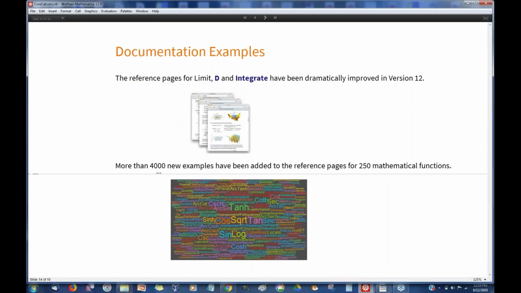So now you have a kind of encyclopedia of special functions built into your copy of version 12. If you upgrade, you simply get the best possible collection of special function examples in the world, basically. So that's a kind of collage, a word cloud of all those 250 functions. So we've tried our very best to make the documentation as useful as possible.